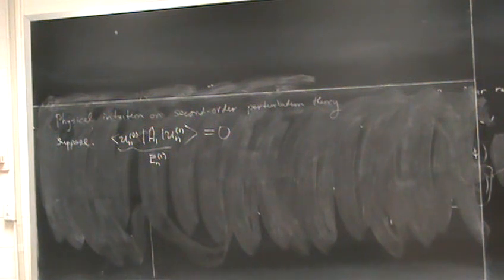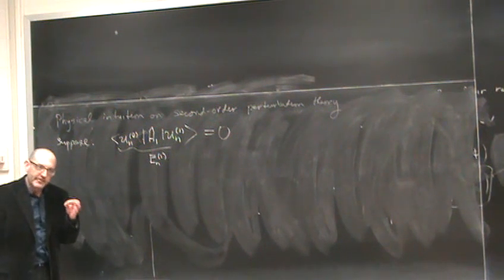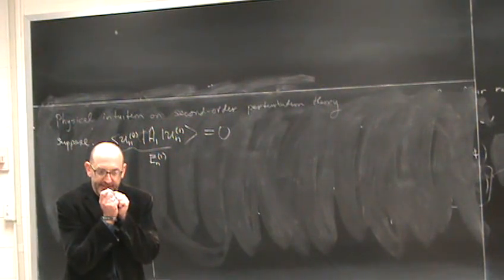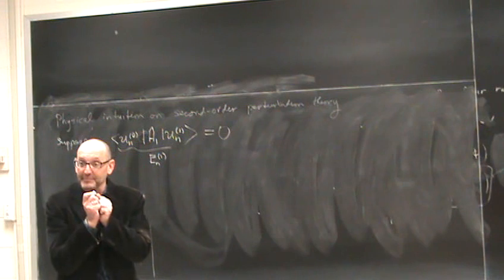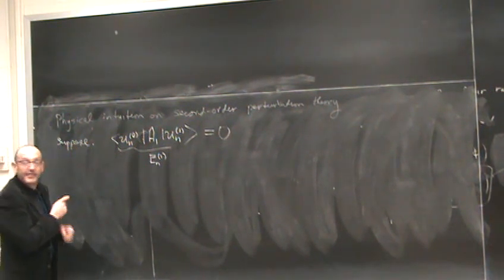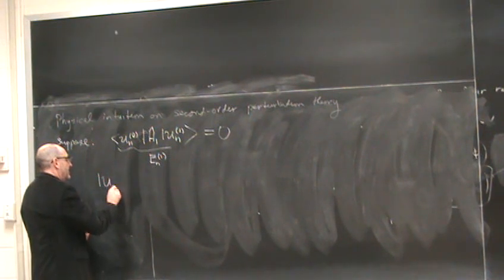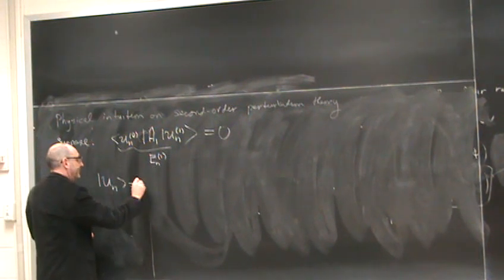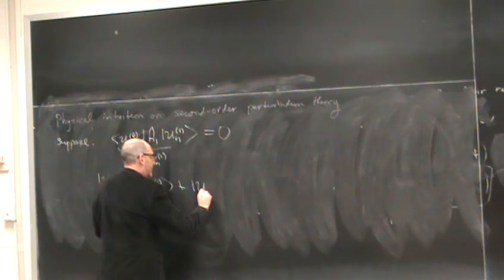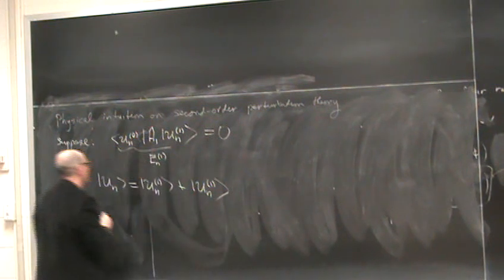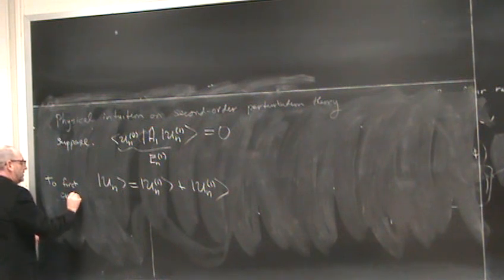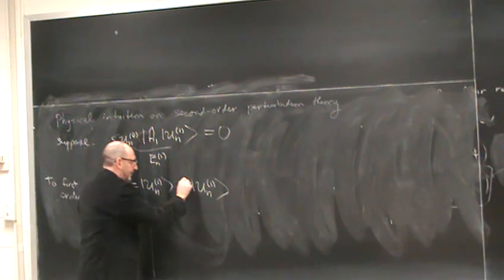Now, it might be the case, and it often is the case, that even if the first order energy vanishes, the state itself is perturbed. So what we've written over there is that u to first order is un0 plus, I'll put those down, equals 1 in this case, un1, with lambda.